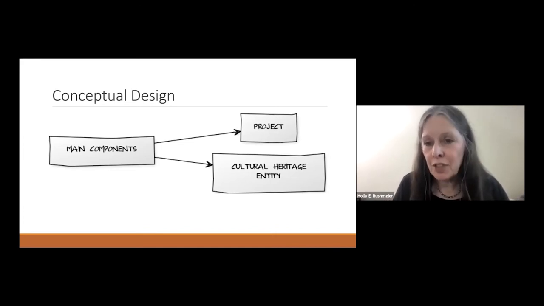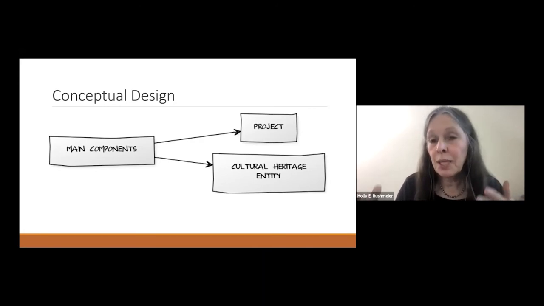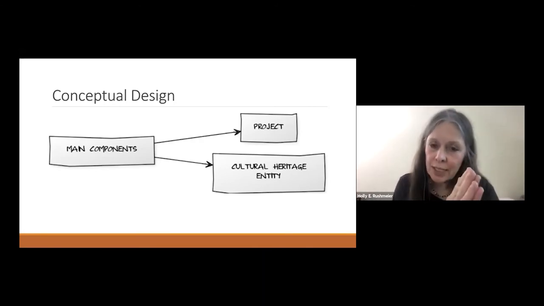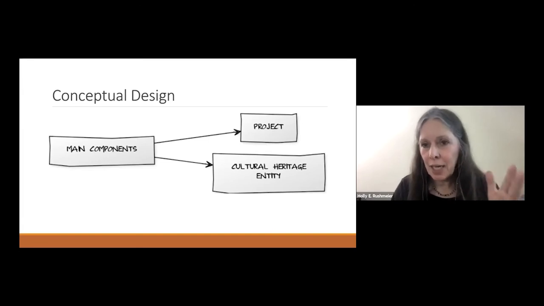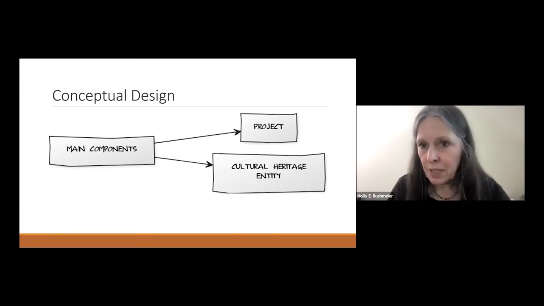And then we have projects. We're going to a project to plan a treatment, a project to plan an exhibit. Projects have a starting time and an ending time, and you have to make some decisions, and they will involve using some number of these entities in the project.